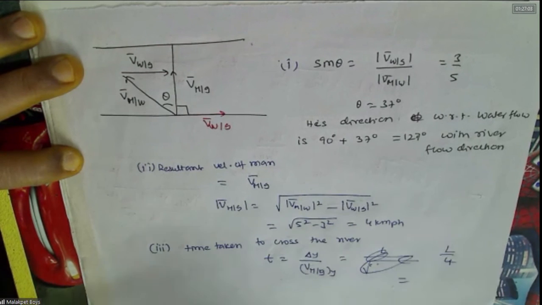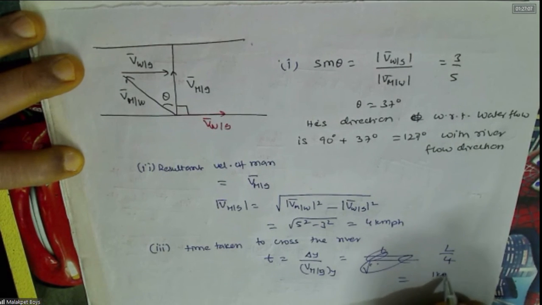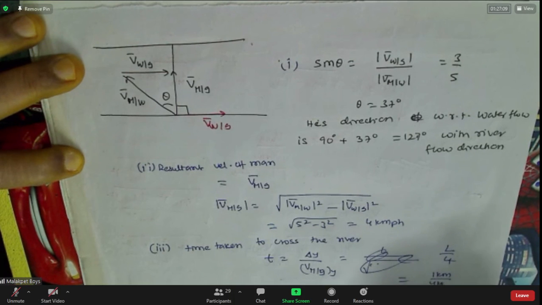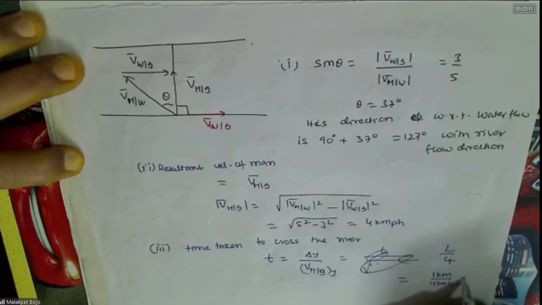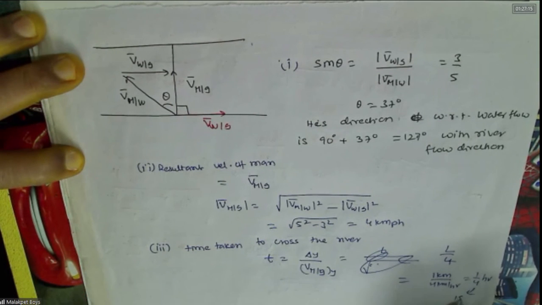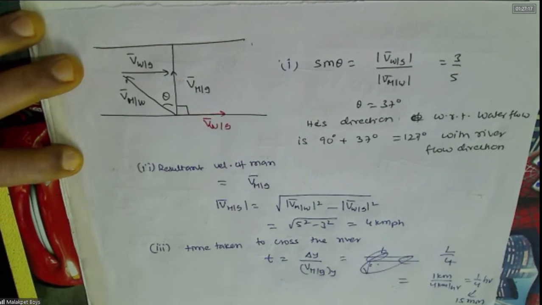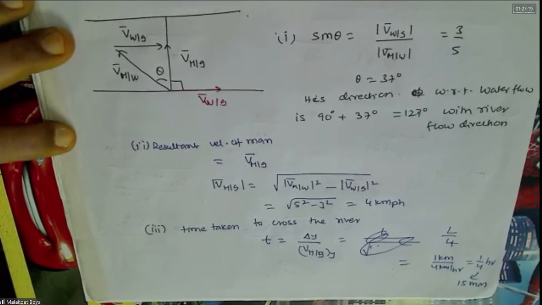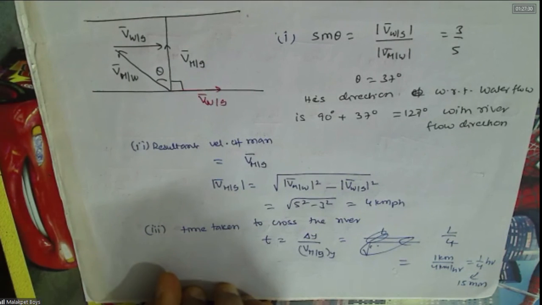What is the length he has given? Width of the river? 1. This is 4 kmph. That means 1 by 4 hour, that means 15 minutes. So it takes 15 minutes to cross the river. Understood this? Is it clear? Yes, sir.